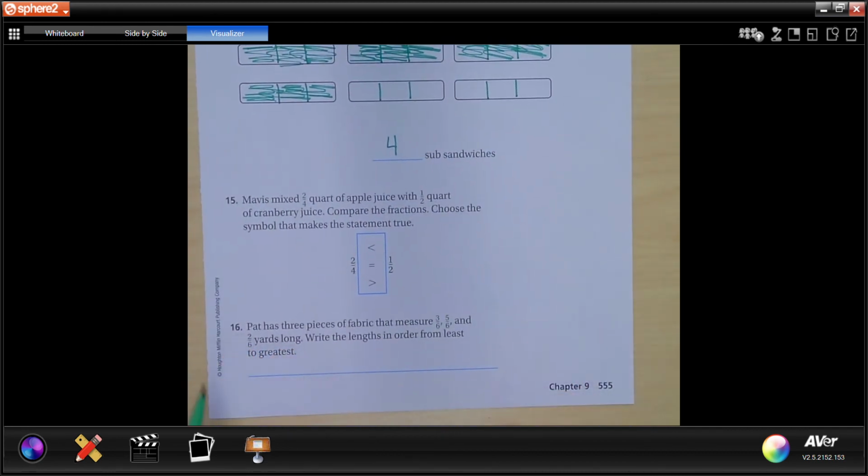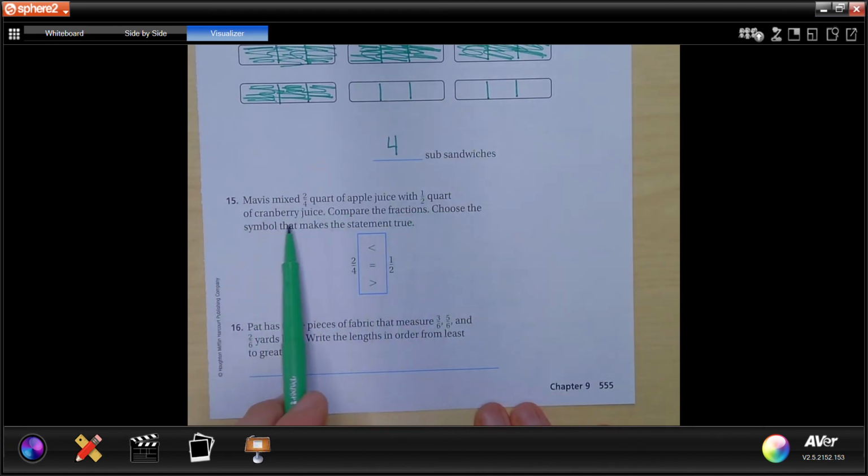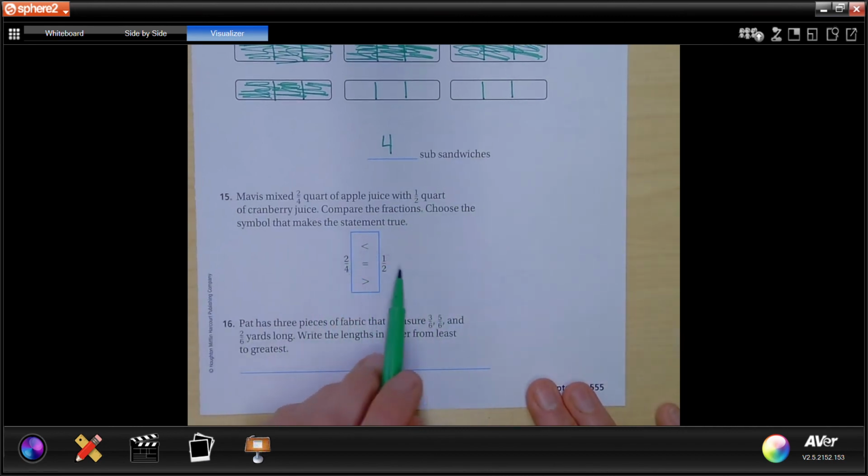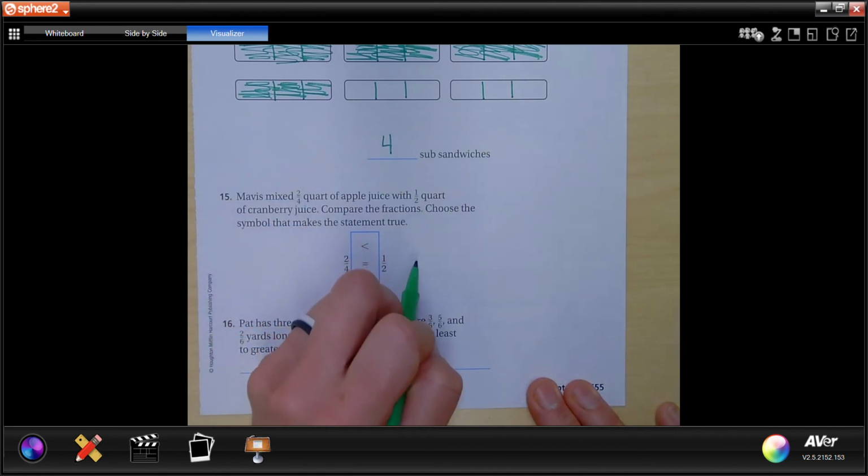Number 15. Mavis mixed 2/4 quart of apple juice with 1/2 quart of cranberry juice. Compare the fractions and choose the symbol that makes the statement true. Well, they have different numerators and different denominators, so let's do missing pieces.